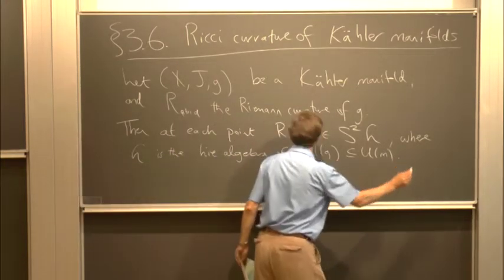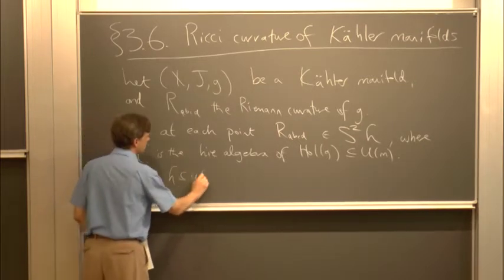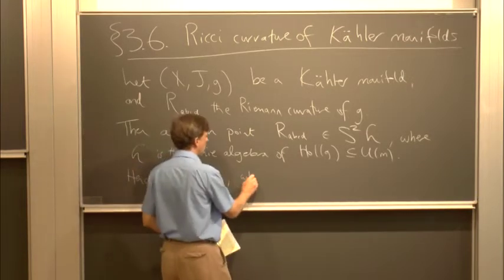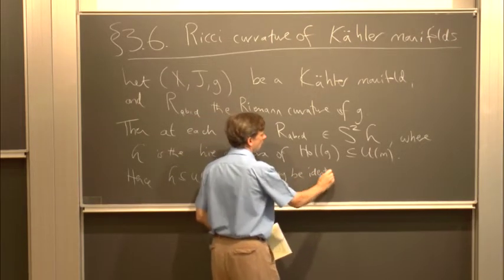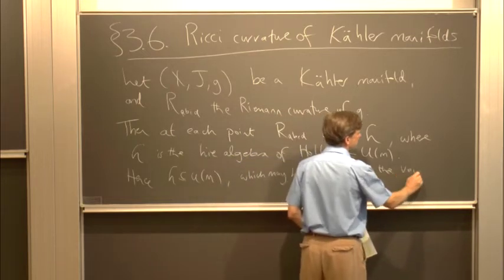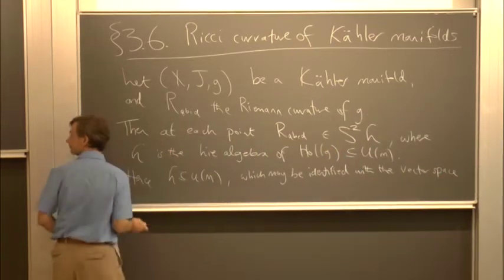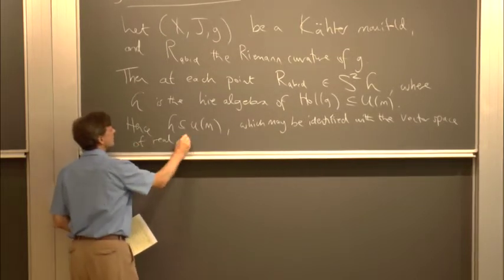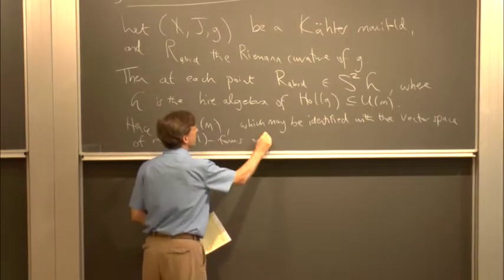Hence curly H is contained in little u(m), the Lie algebra of big U(m), which may be identified with the vector space of real 1,1 forms on X.